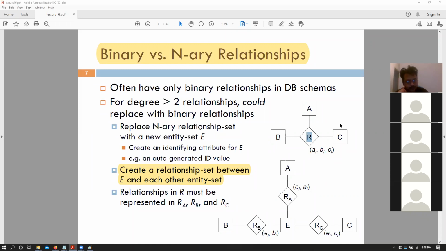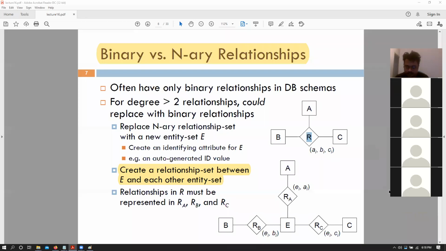Guys, is Jordan correct? Jordan, are you correct? ABC. Jordan says all of the three entity sets would be part of the primary key. Do we agree with Jordan?